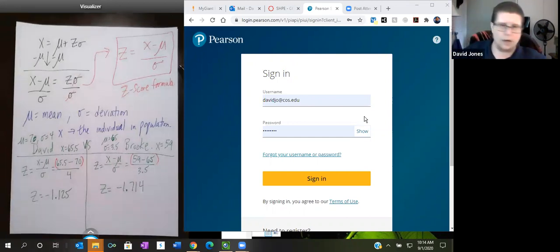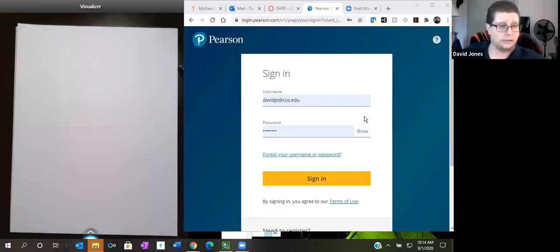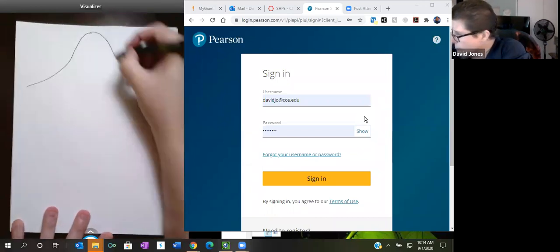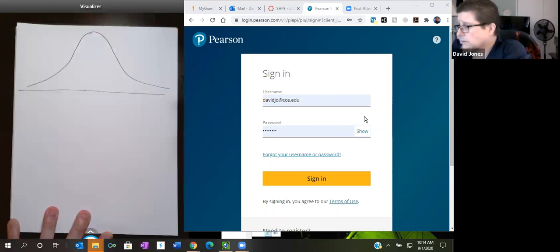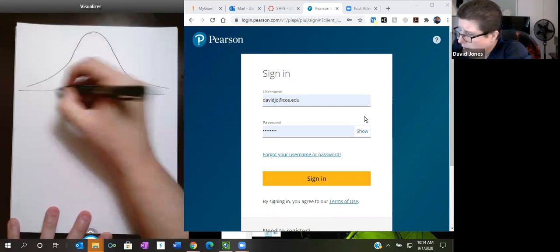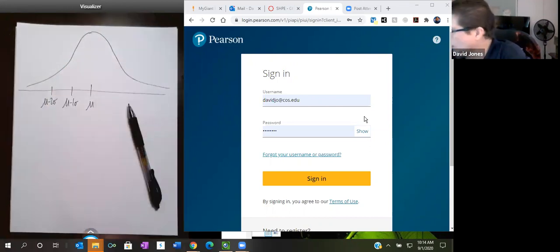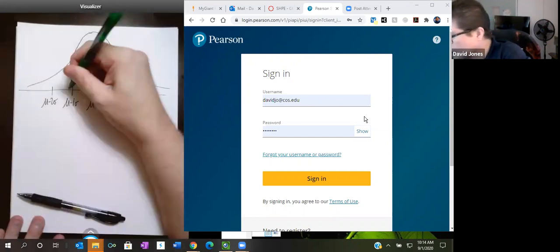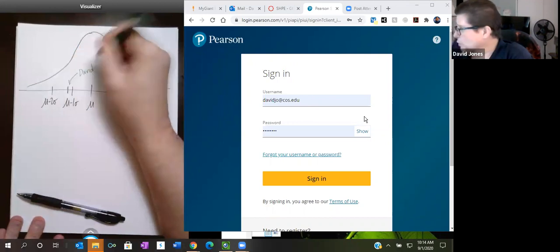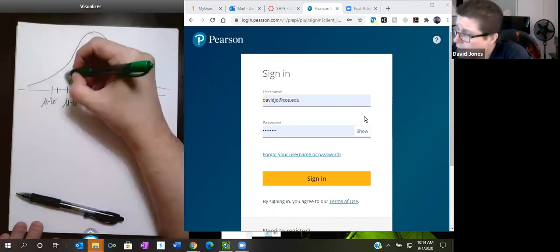So let's draw what that means on a picture. I'm at negative 1.125, which is just a little bit past this one. There's David. And Brooke was at negative 1.7, which is closer to negative 2. There's Brooke.